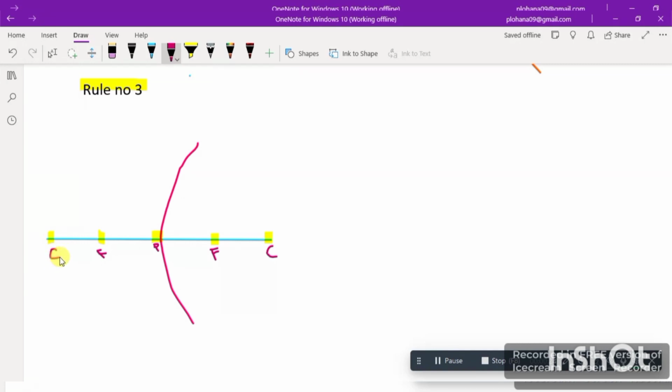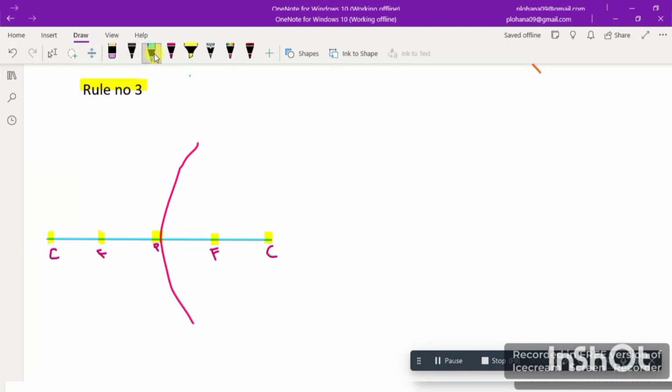This is C, right? So what I told, a ray which is passing through the focal point will always reflect back anti-parallel to the principal axis, right?